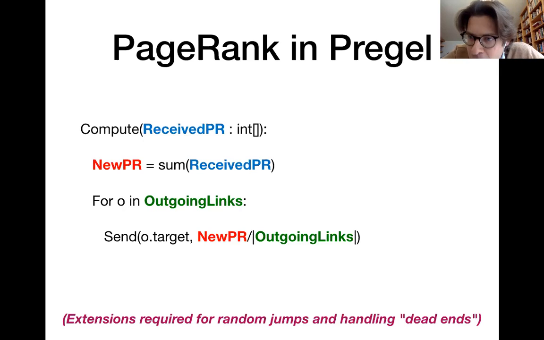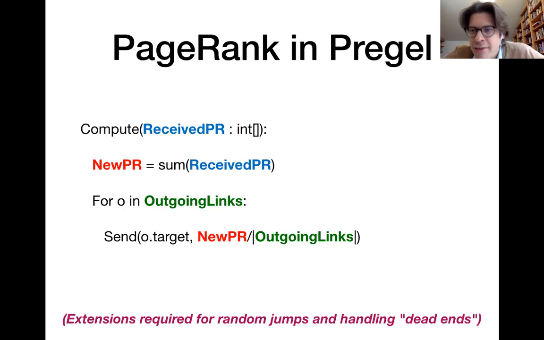And in the first step in the computation, we want to calculate our new PageRank value by summing up all the received PageRank values. Then, in the next step, we iterate over all the outgoing links, and we are sending an equal share of our new PageRank value to those outgoing links.